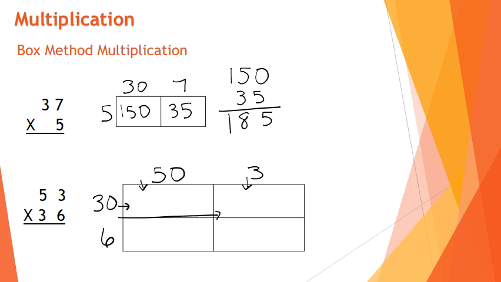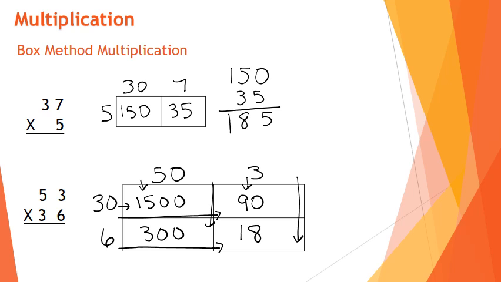So 30 times 50 is 1,500. 30 times 3 is 90. 50 now goes all the way down to this box. 50 times 6 is 300. And 6 times 3 is 18.